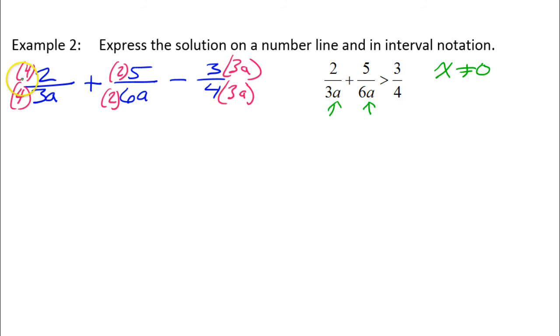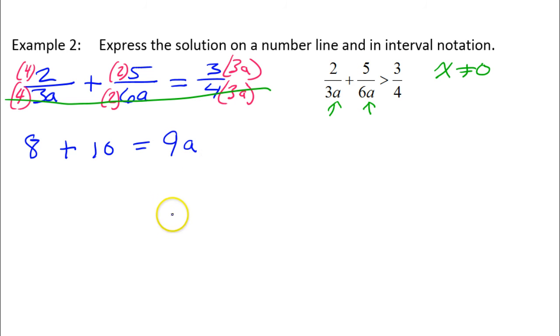So back to solving. I'm going to cancel out these denominators. That's going to give me 8 plus 10 is equal to 9a. This seems pretty simple. So 18 is equal to 9a.